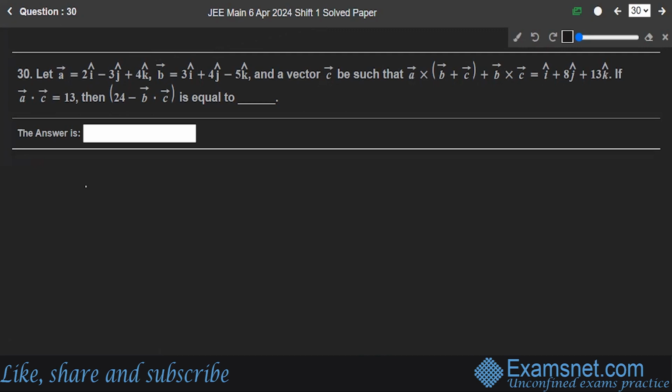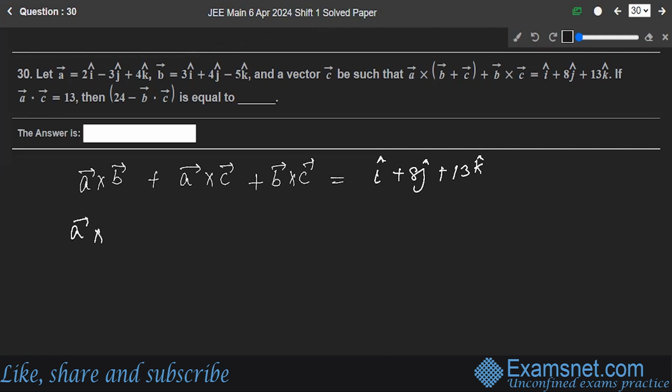Let's start with this. You have A vector cross B vector, A cross C, and B cross C. This is equal to, let's write it as, this is given to you, i plus 8j plus 13k. So let's take the cross product of A on both sides.